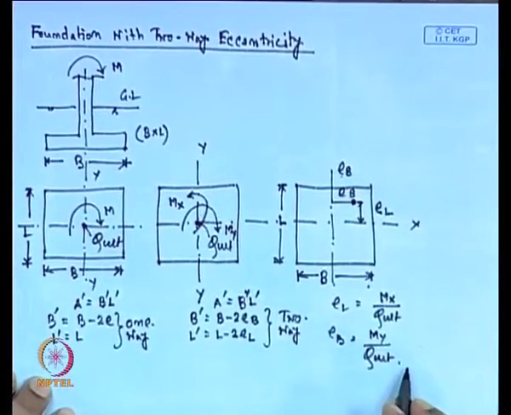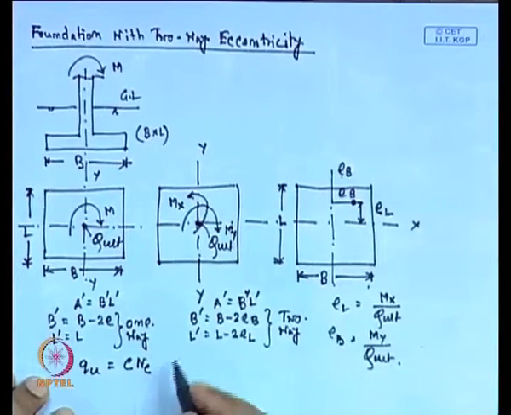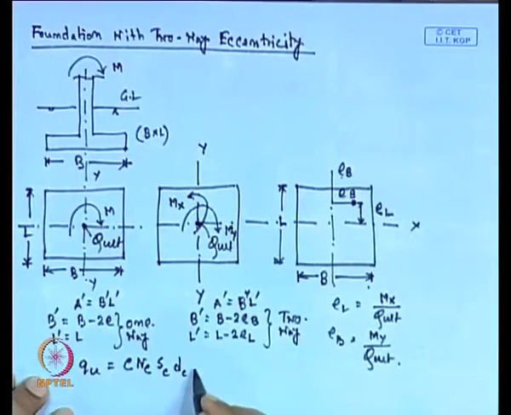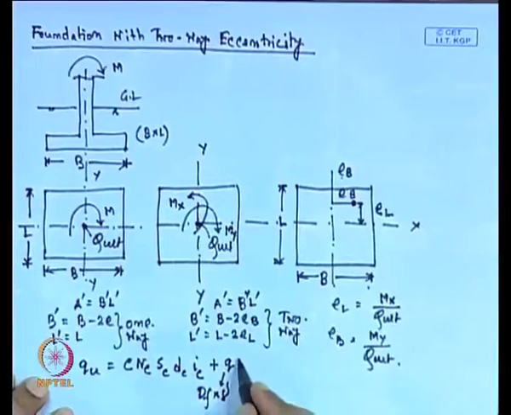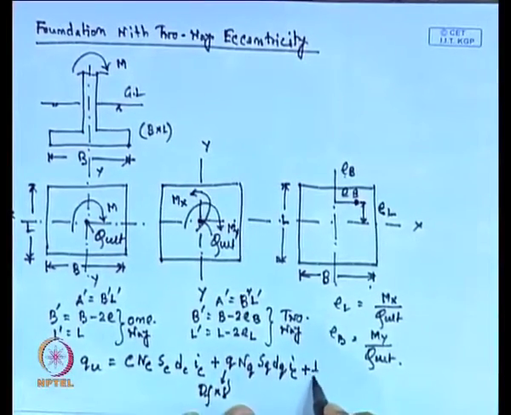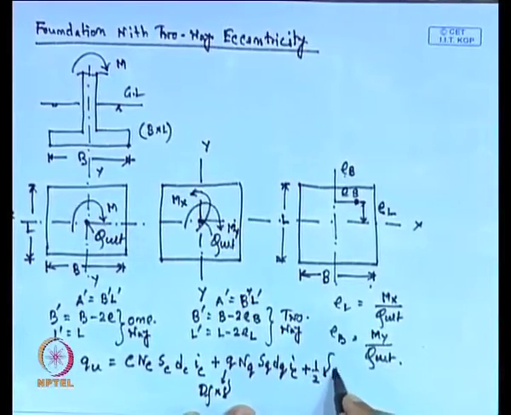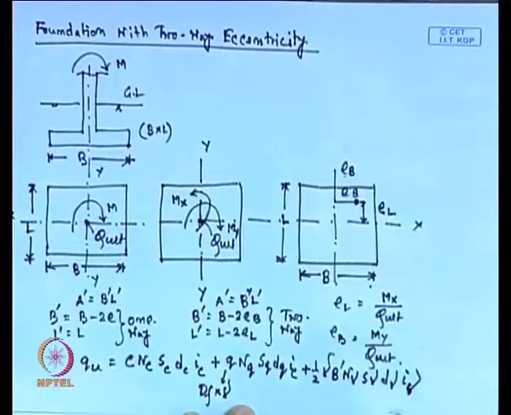Now, when we calculate the Q u value, then we will use the expression Q u equal to c N c S c D c I c plus q, which is equal to D f into gamma, N q S q D q I q, plus half into gamma B dash N gamma S gamma D gamma I gamma.